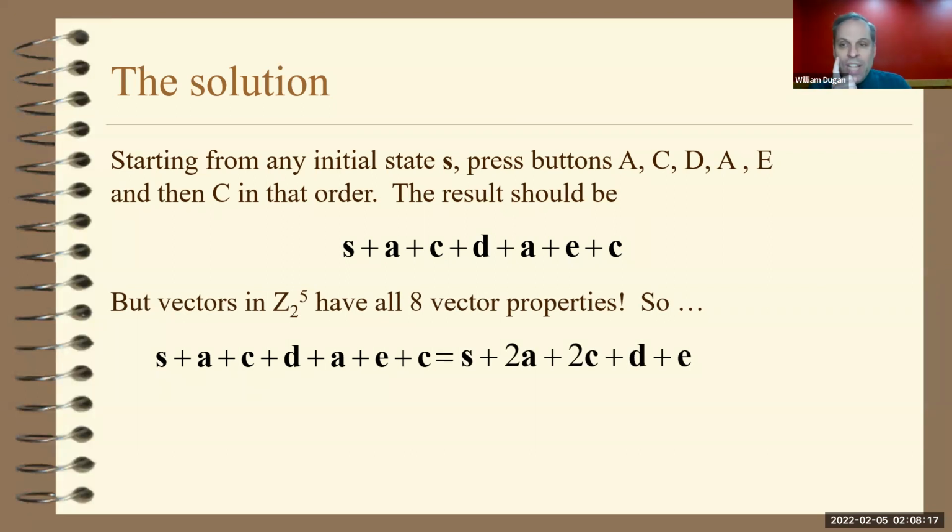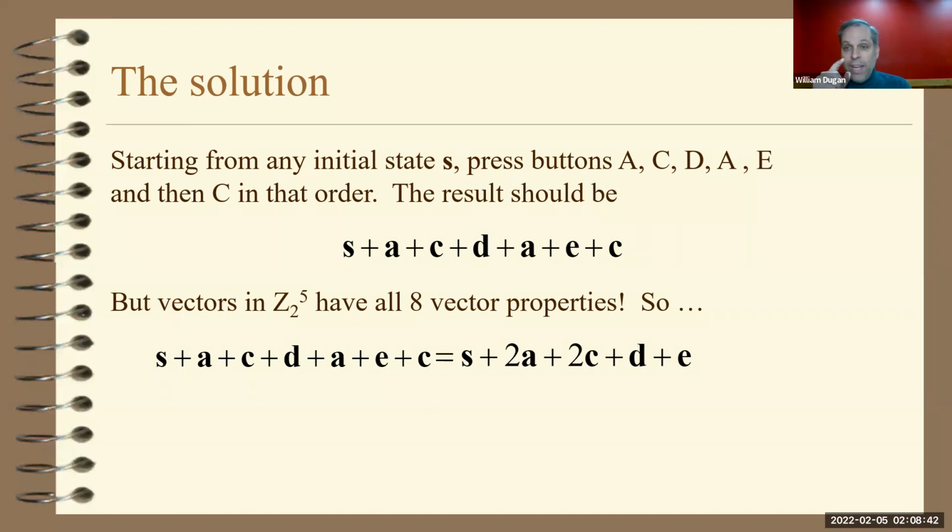Now, the reason that's interesting is that I have 2 times a vector. If you remember what I gave you before, if you have 0 and 1 and you multiply those numbers by 2, you either get 0 or 2. But if you do that modulo 2, you get 0. So in this world, in Z2, if you multiply anything by 2, the result is 0.